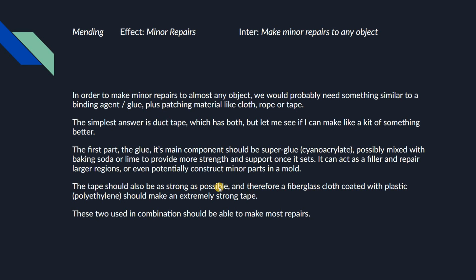And this tape is basically the same thing as duct tape, except much stronger than normal duct tape. It would be ridiculously strong. And then by using these two together, you should be able to do almost any repair, or at least most repairs.